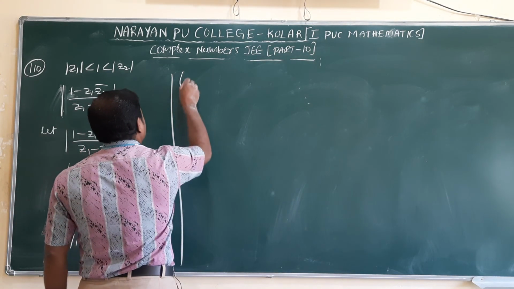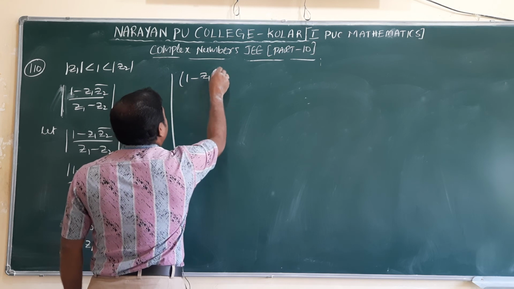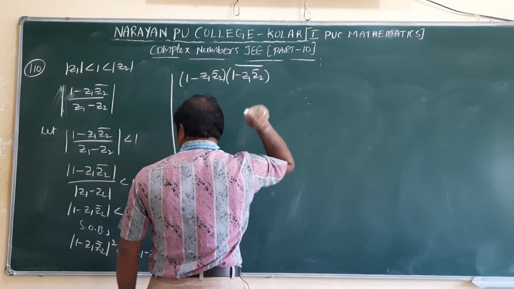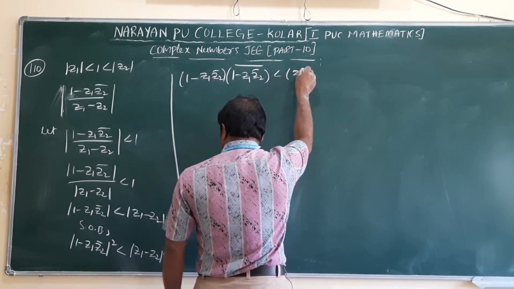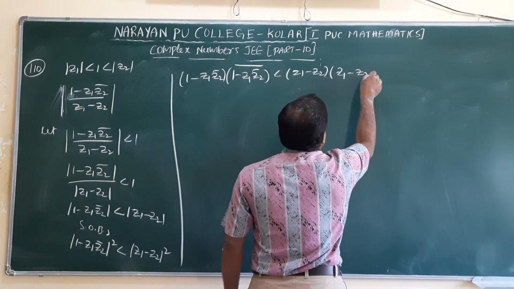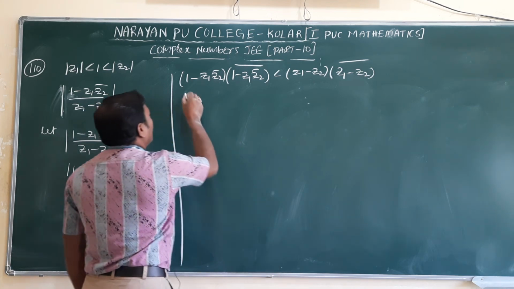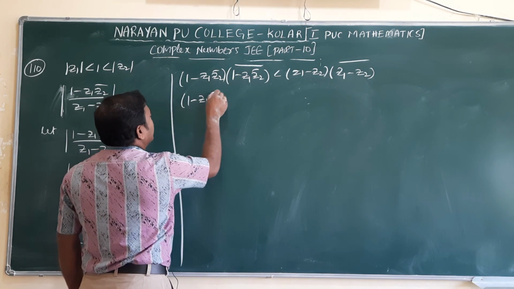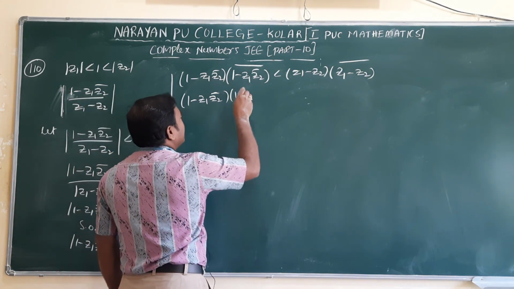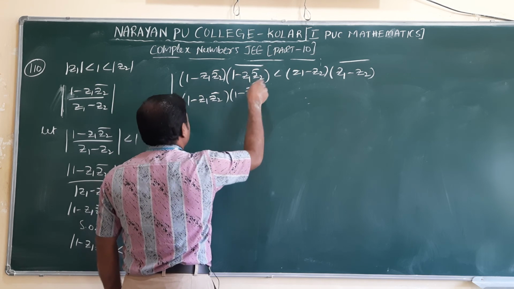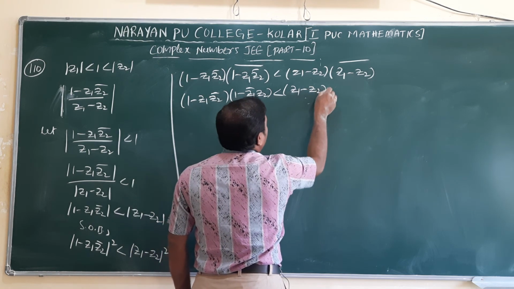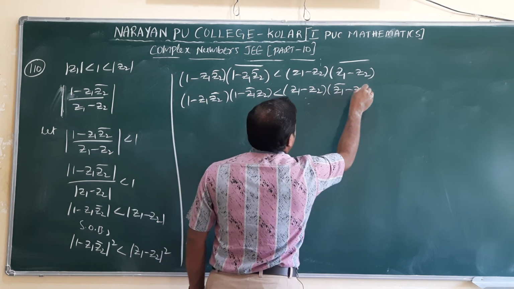Here 1 minus z1 into z2 bar into 1 minus z1 into z2 bar whole bar is less than z1 minus z2 into z1 minus z2 whole bar. Here, applying the bar directly, 1 minus z1 bar, z2 bar whole bar we are getting z2 only, is less than z1 minus z2 into z1 bar minus z2 bar.